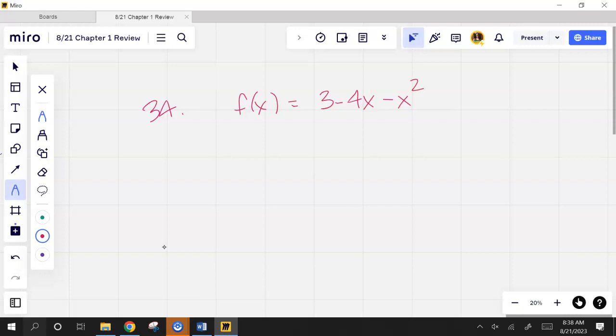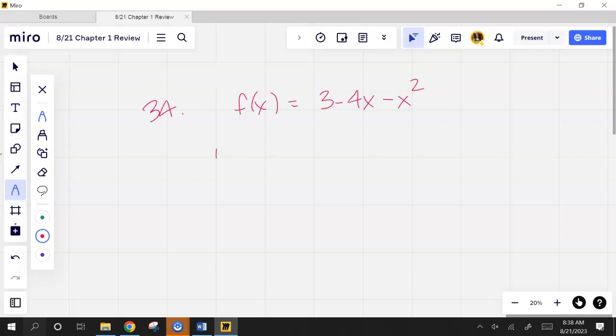All right, so at what point is the tangent horizontal? What does a horizontal tangent mean? What is significant about a horizontal line? It's straight. Tell me about the slope of a horizontal line. It's 0.